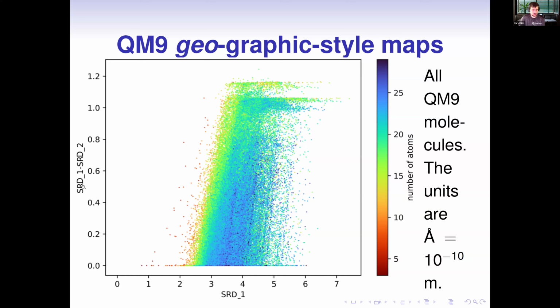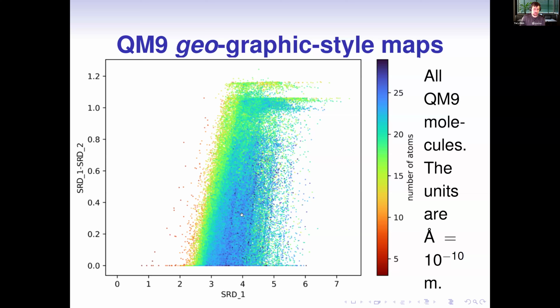SRD2 is the second longest distance from an atom to the center of mass, and you simply put them on this map. Also we have this color bar here, which indicates how many atoms this particular molecule has.